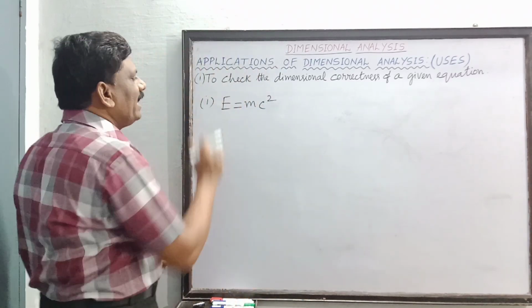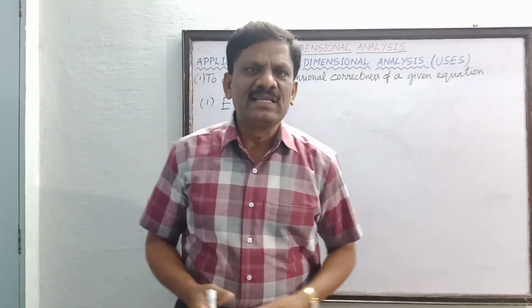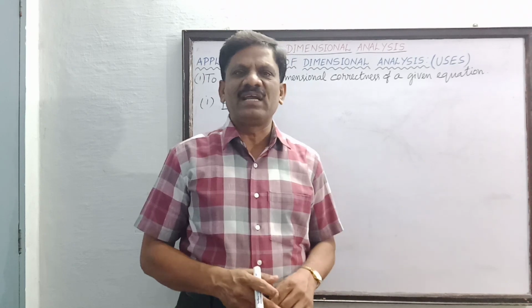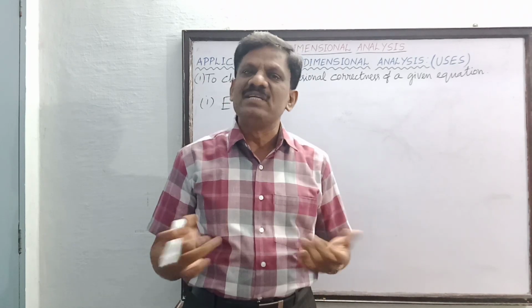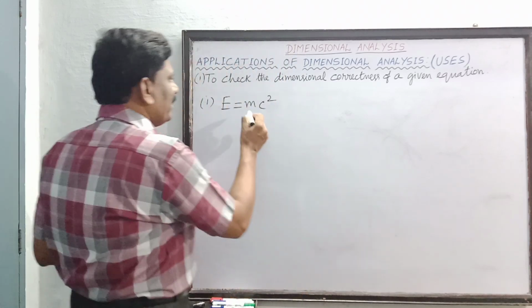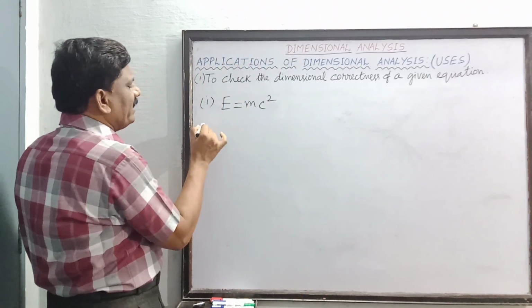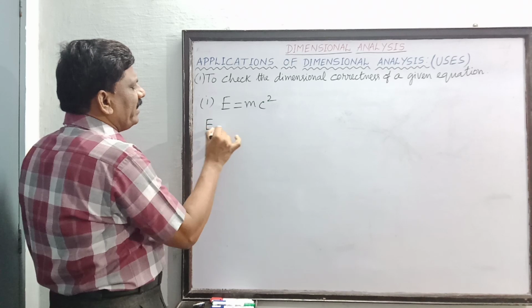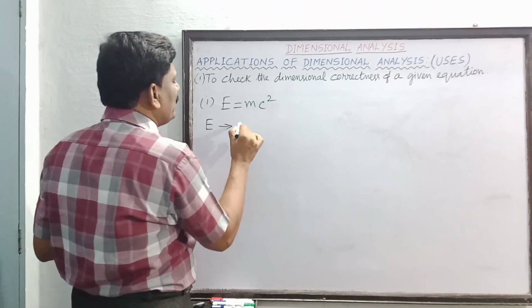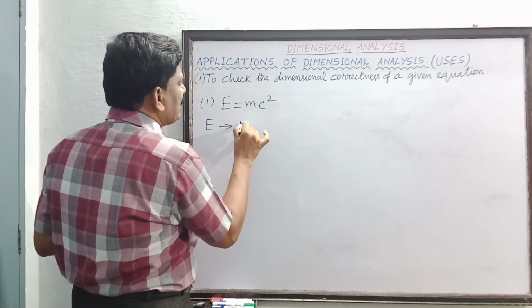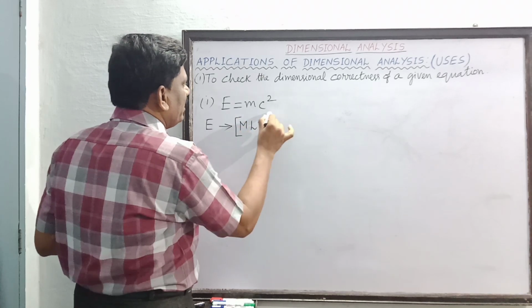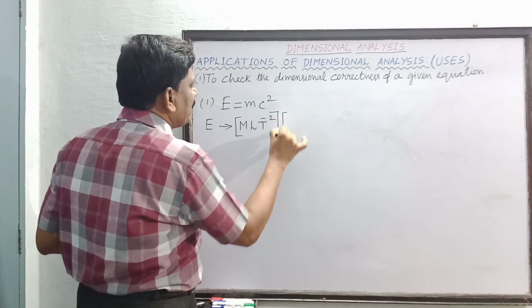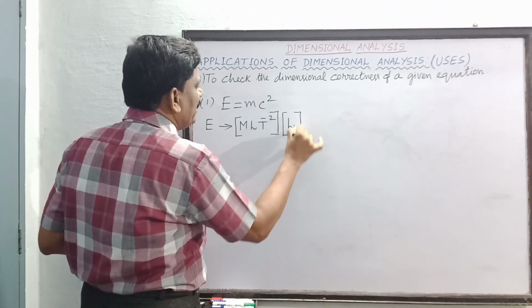Now E is the energy. Energy is nothing but work done, both having the same dimensions. So energy and work done means force into distance. So I will write the dimension of energy is force into distance. Force is m l t power minus 2, into distance l.